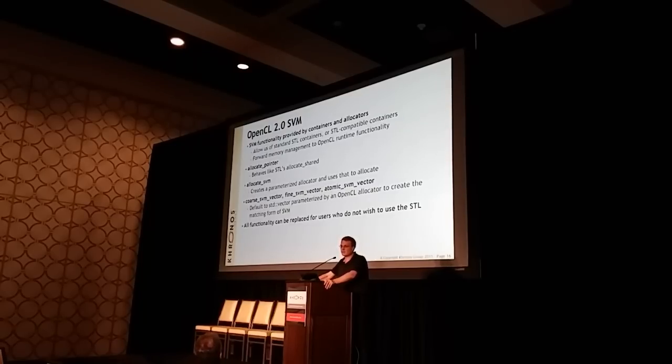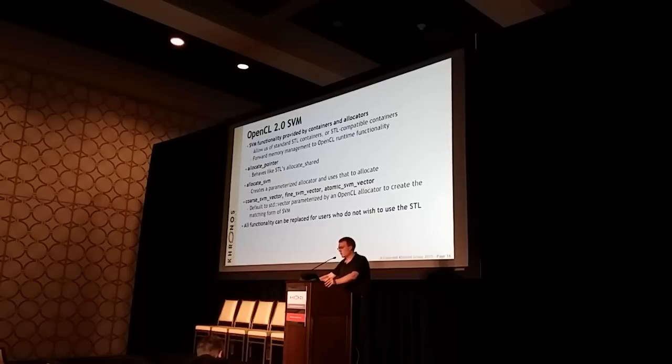So the shared virtual memory functionality is provided by containers and by allocators, as well as, in the extreme case, allowing free pointers. The reason we've added various different mechanisms is because OpenCL itself has various different capabilities on different platforms. Some devices only support coarse-grained SVM, which still requires map and unmap operations under the hood. Some devices allow full system sharing of arbitrary pointers with atomic support across the platform, and so we have to be able to deal with that.